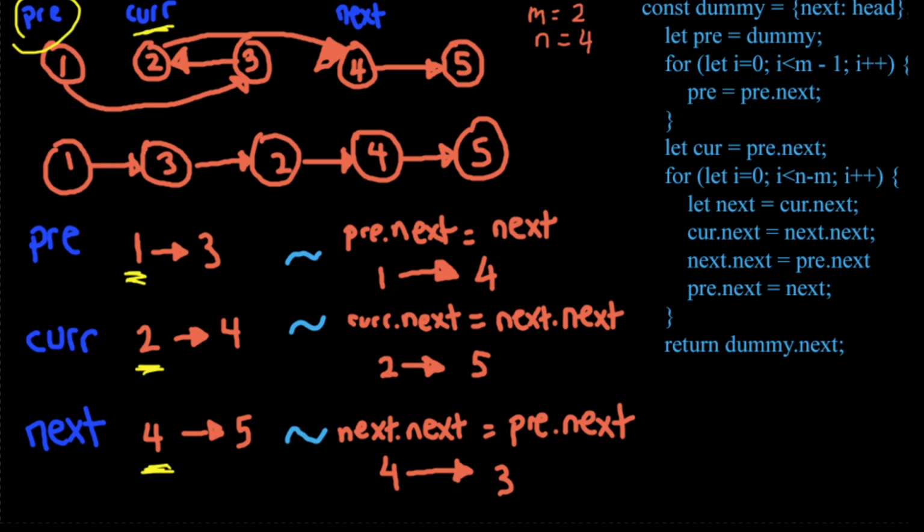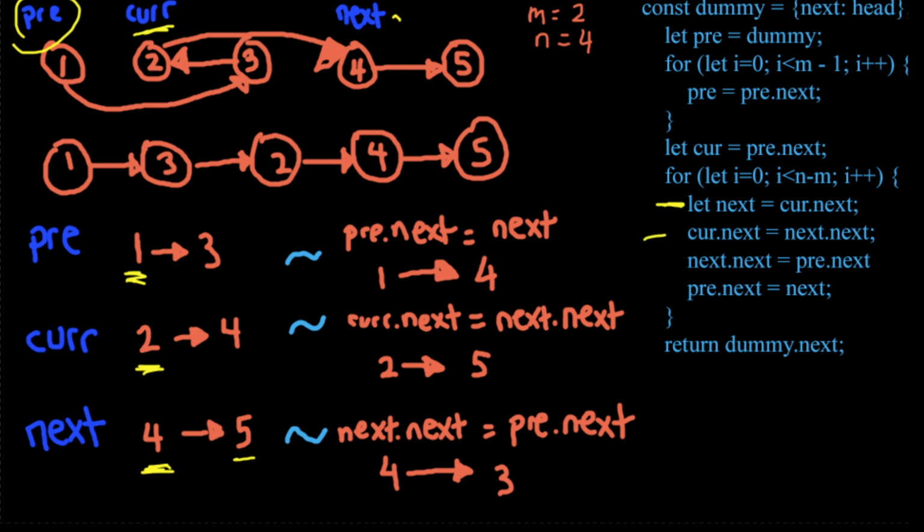So what's happening right now? Well, next becomes current.next, okay? Well, that becomes 5, because right now next is 4. Next, oh, sorry, next is current.next, and current is 2, sorry.